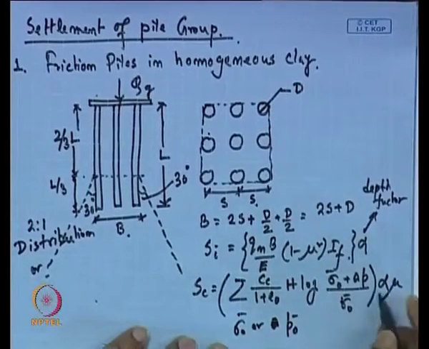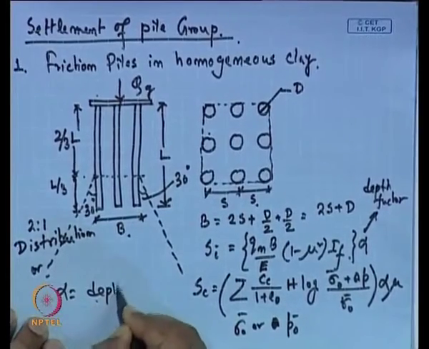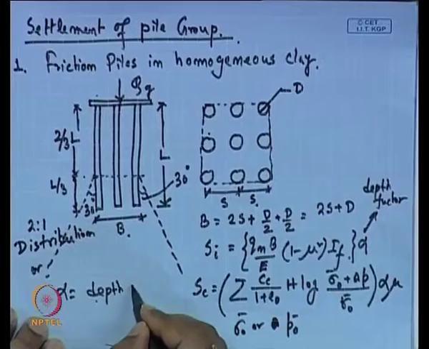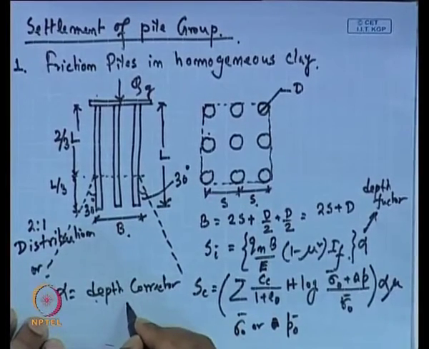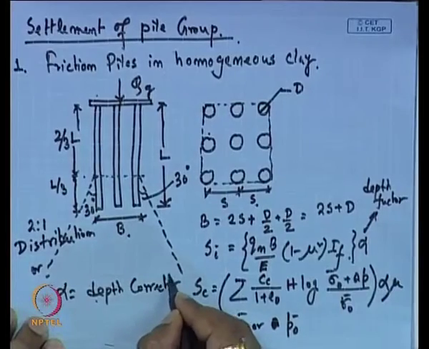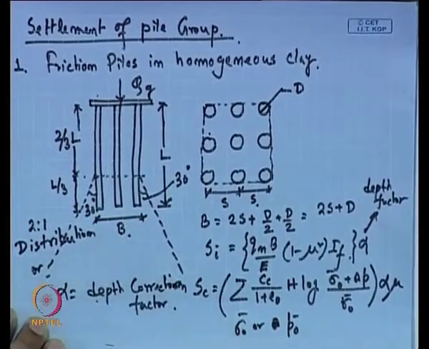So, here alpha is the depth correction factor, and mu is the correction factor due to pore water pressure.